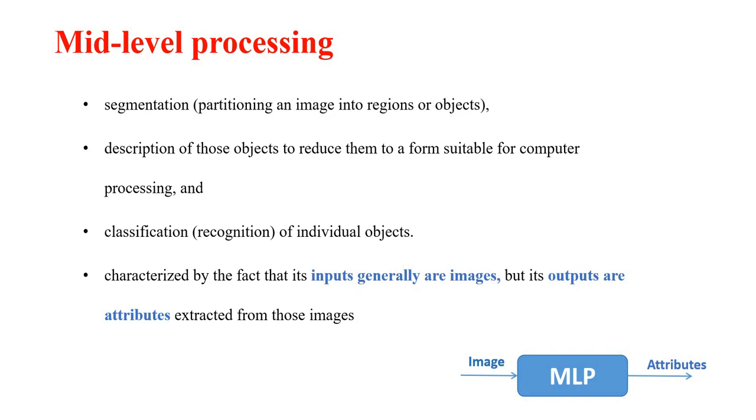So the mid-level processing will understand the parts of an image by cutting it into meaningful regions, then extracting features from those regions, and identifying or classifying the objects. It starts with an image, but it ends with information, that is, the attributes.